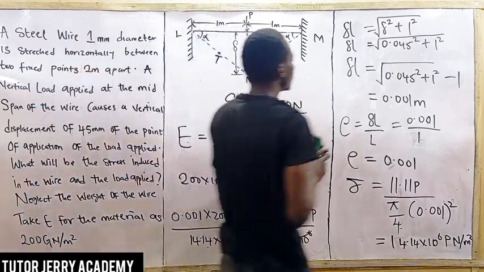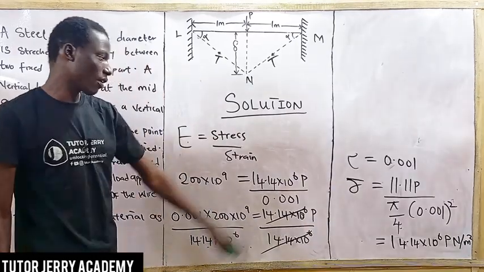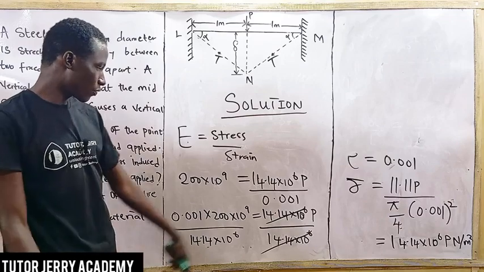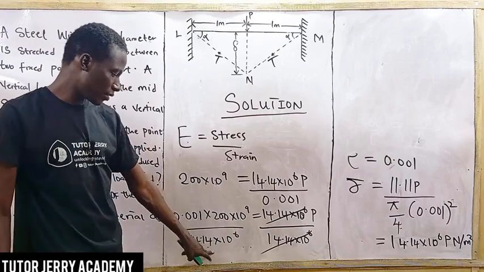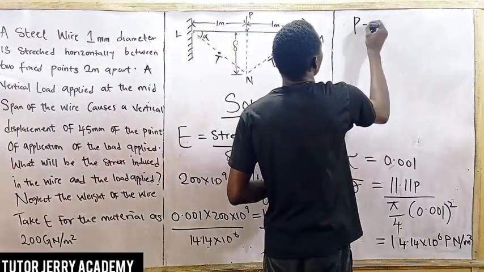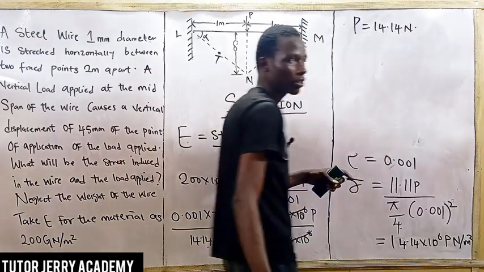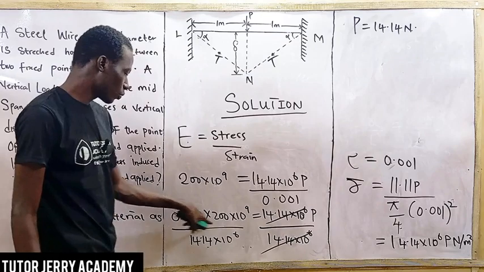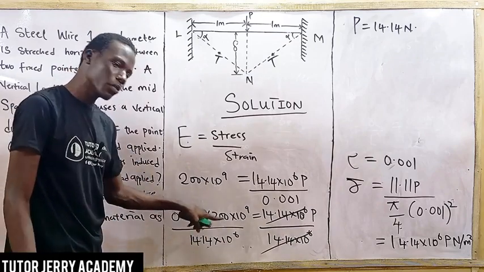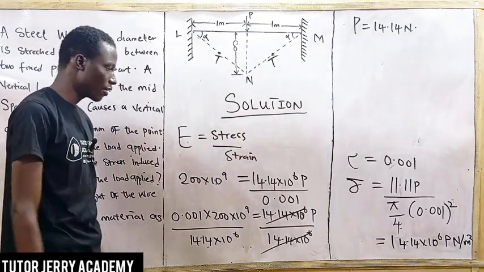So I'm going to be wiping this side as we will be dividing this to get our value of P. Of course, if we divide what we have here by this, P will be equal to 14.14 Newton. To press your calculator correctly, divide the numerator by the denominator, and you have 14.14.